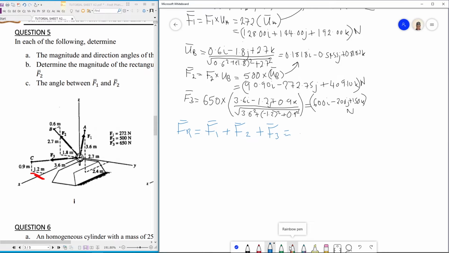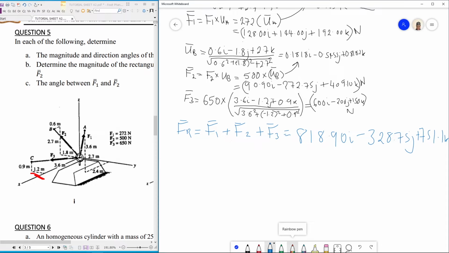If I add those, they'll give me 818.90 I, and then if I add the 144 and then minus the 272 minus the 200, I should get minus 328.75 J, and if I add the Z component, I get 751.1 K.